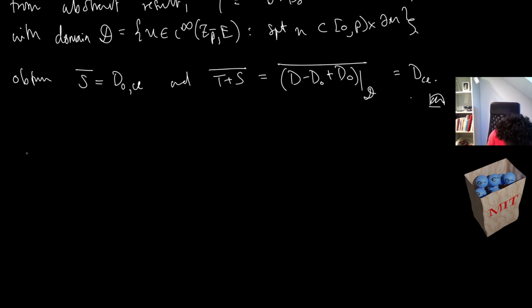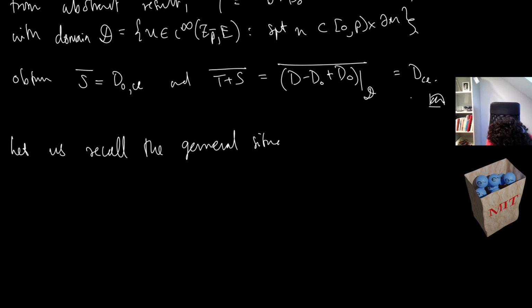Okay, so let us recall the general situation. So we have M is a manifold with boundary. The boundary is compact.